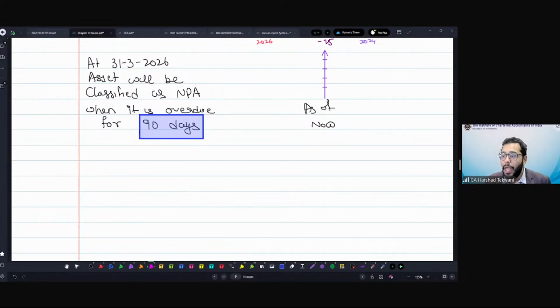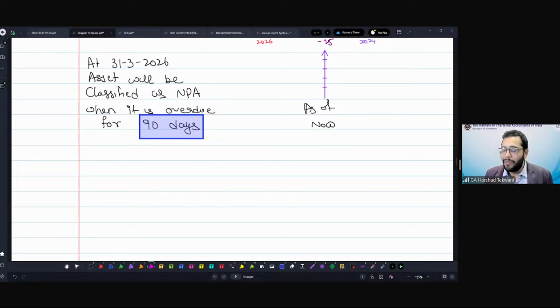So a new categorization came into place. For the standard asset, because substandard and above are already NPAs, there may still be an overdue amount, meaning an amount which is not paid on that asset but it is not yet classified as an NPA because those days have not passed.